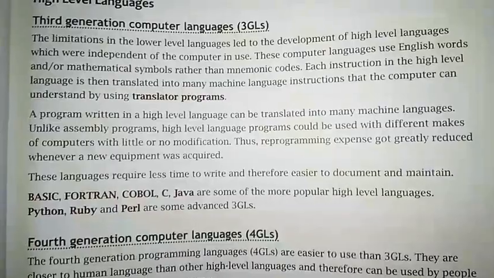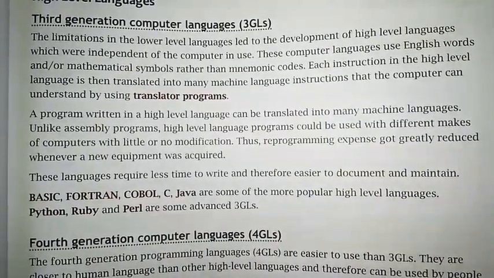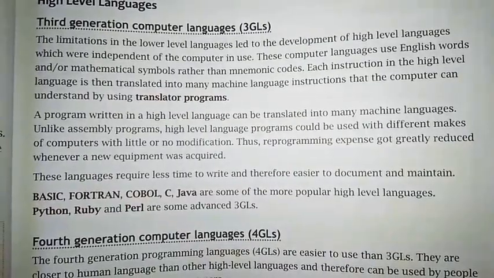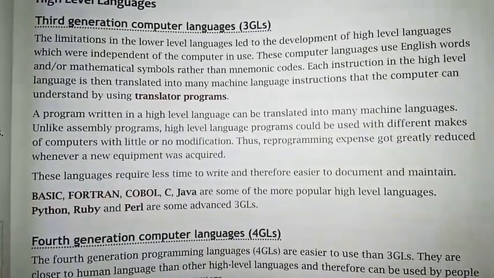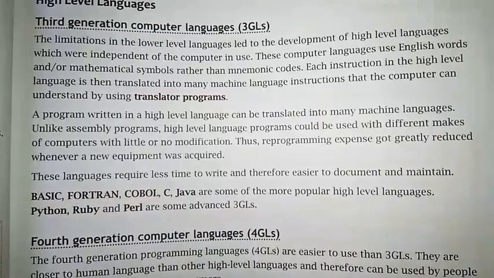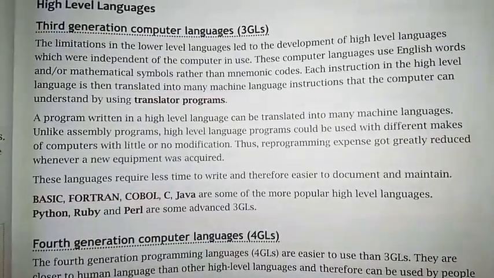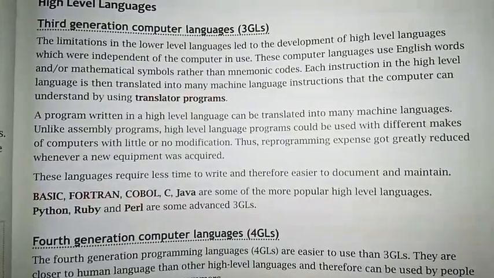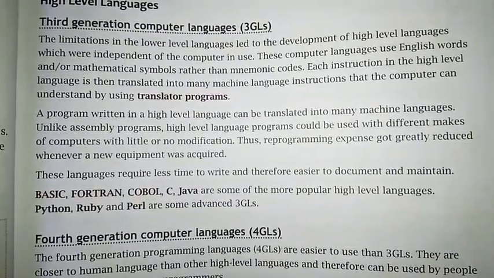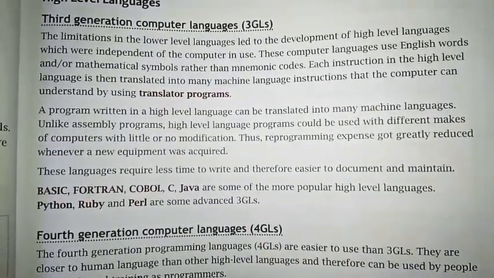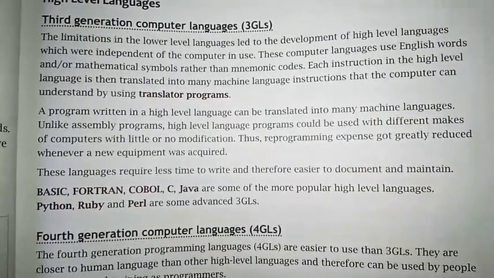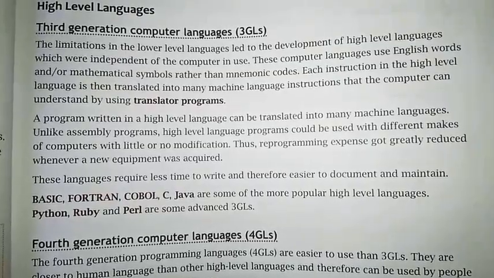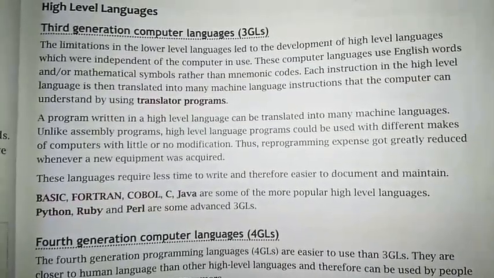Okay, each instruction in the high level languages is then translated into many machine language instructions that the computer can understand by using translator programs. So in this generation, translator programs are also used to translate high level language into machine languages. Okay, because after translation, computer can understand the language properly.